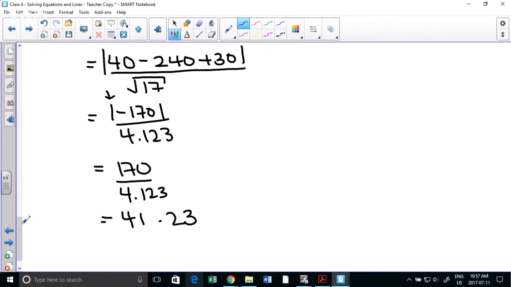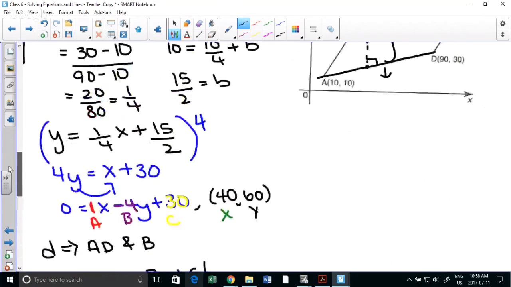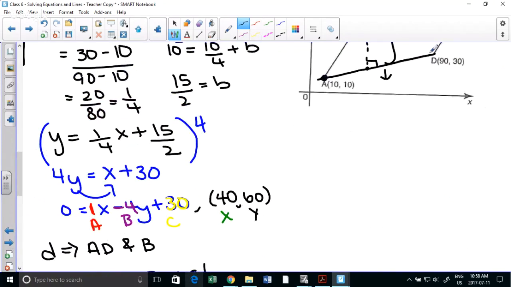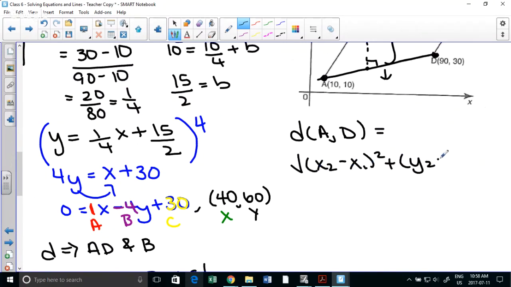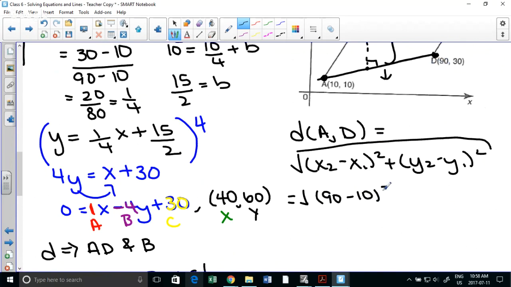Now the other thing we need to find the area of the parallelogram is the base. So we need this distance from A to D. That's just our normal distance formula because it's 2 points. So we plug in what we have. We have 90 minus 10 squared, and we have 30 minus 10 squared.